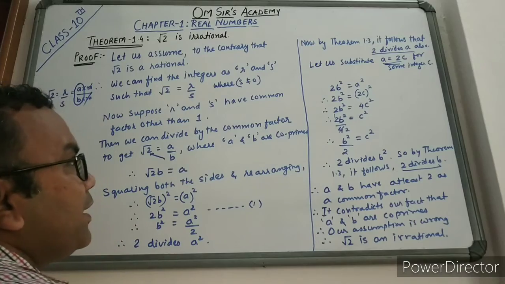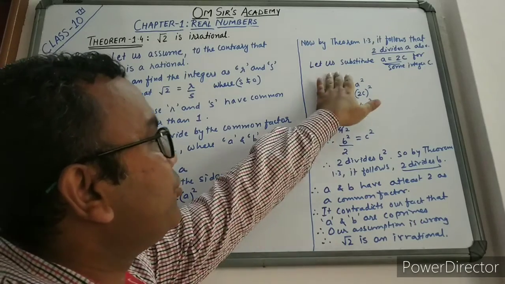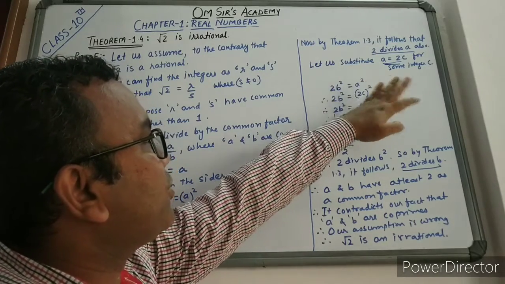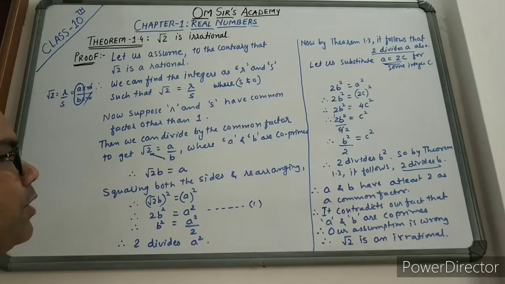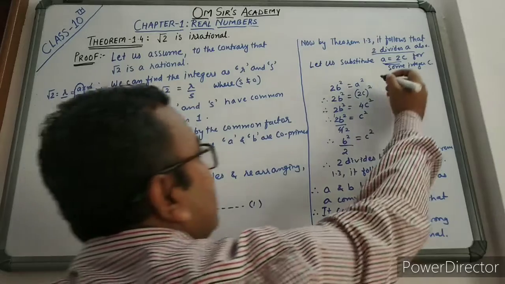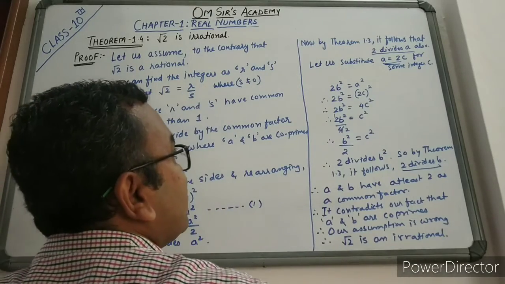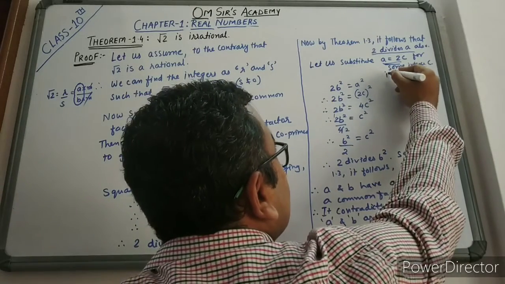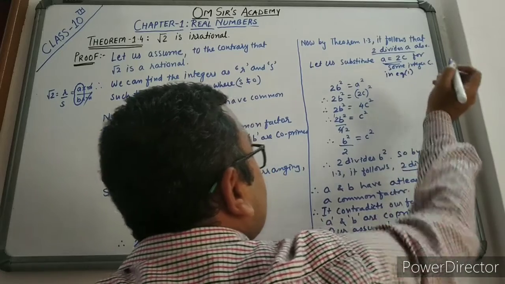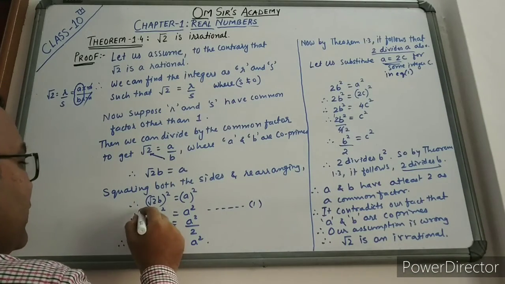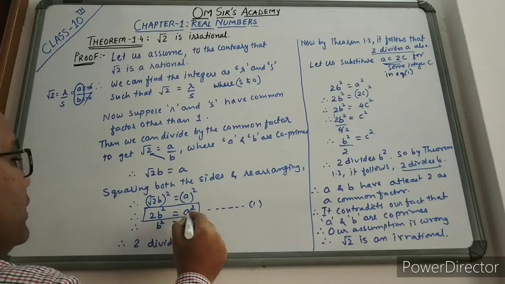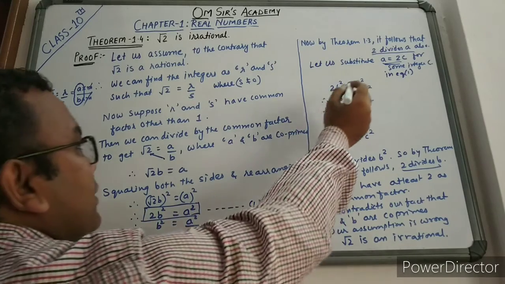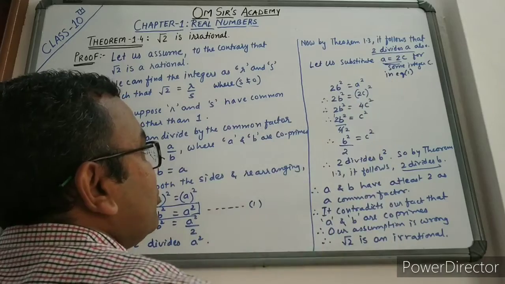ठीक है, फिर हमने क्या किया कि substitute किया a equals 2c for some integer c in equation 1. So let us substitute a equals 2c in equation 1. तो फर्स्ट इक्वेशन हमारा क्या था, ये वाला इक्वेशन था. इसमें हमने सब्स्टिट्यूट किया a equals 2c.